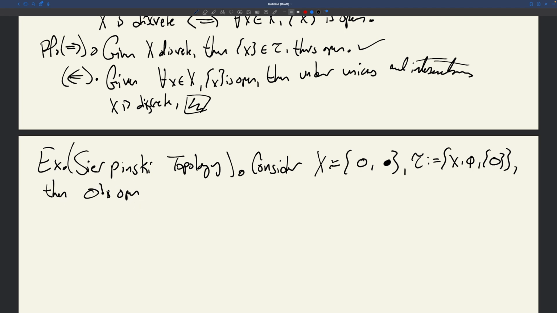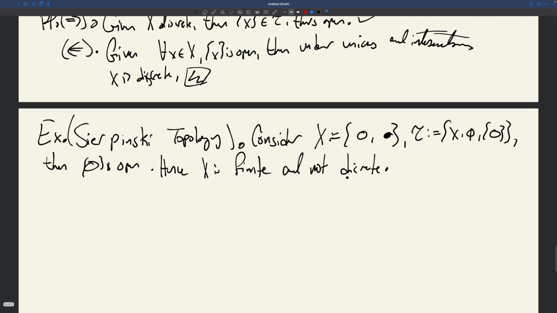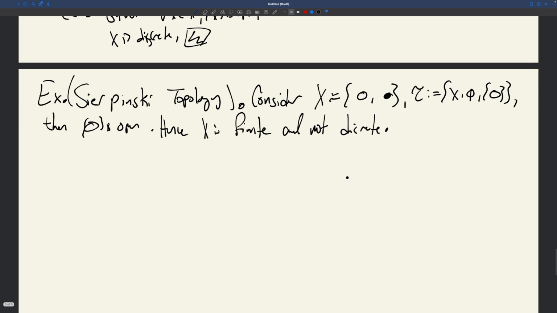Cool. Hence, X is finite and not discrete. And the reason why we chose specifically the words open circle and closed circle is because this just so happens to be a closed element. Cool.